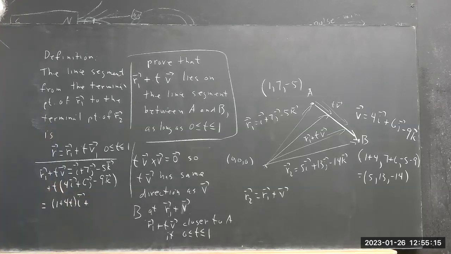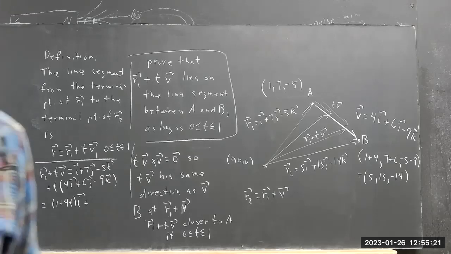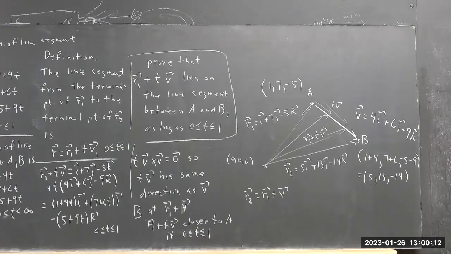Our i component is going to be 1 plus 4t, right? We just do the arithmetic and everybody gets it.